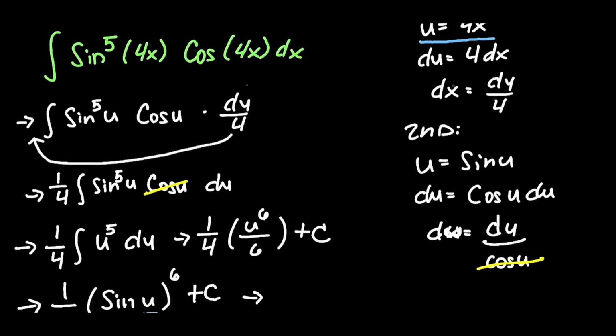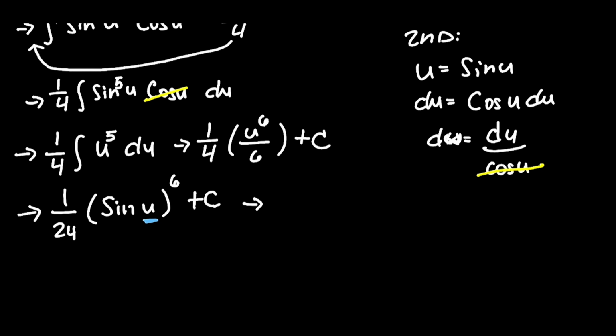So resubstitute it all again back, so you will get 1 over 24 multiplied by sine of 4x raised to the power of 6 plus c.